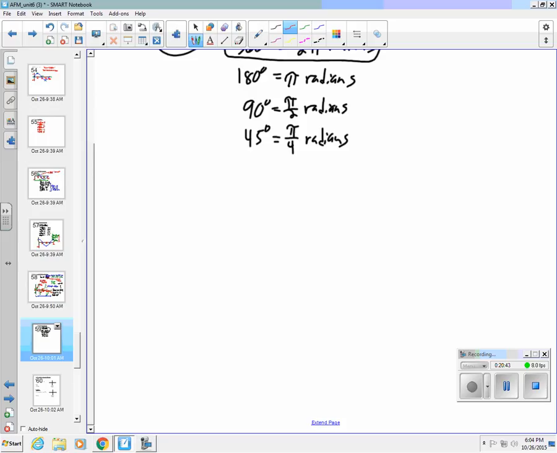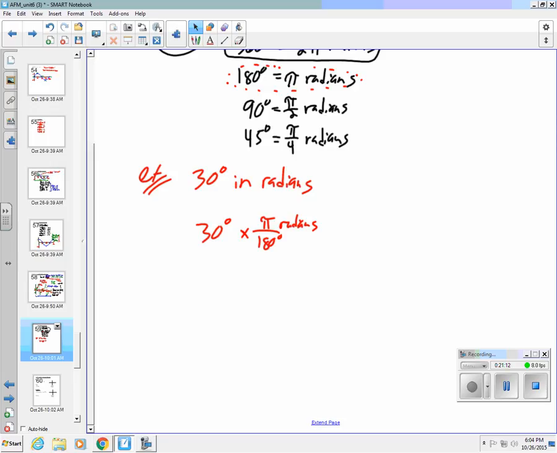So if we want to go from degrees to radians, say we want to put 30 degrees into radian measure, we use this proportion right here to help us convert. 180 degrees is pi radians. So we start with 30 degrees, and we multiply by pi radians over 180 degrees.